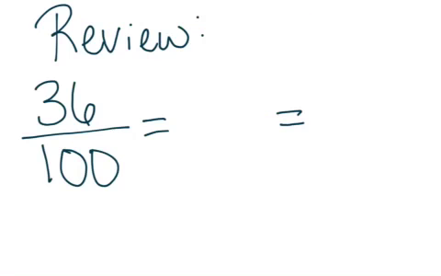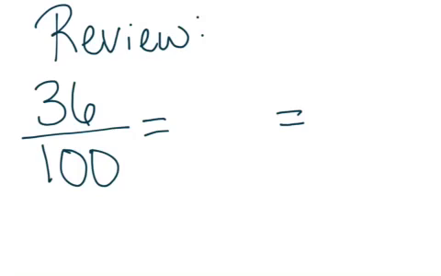So to go over what you learned yesterday in the video, all fractions, decimals, and percentages are related. When we're looking at converting to a decimal, if we look at this fraction, it's 36 over 100. So it's 36 hundredths.